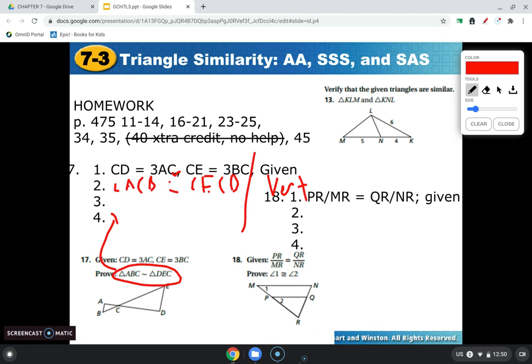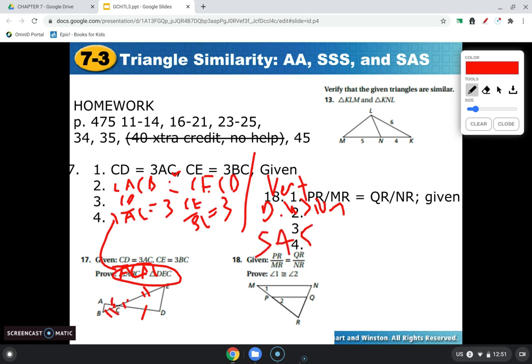Then I'm going to divide both sides here by AC. So CD over AC equals 3. And CE over BC also equals 3. So that would be division. Okay, so we've got vertical, and then we've got CD goes with AC, and those two go together, so we can see that we've got side-angle-side similarity.